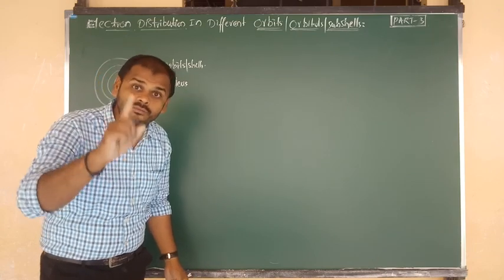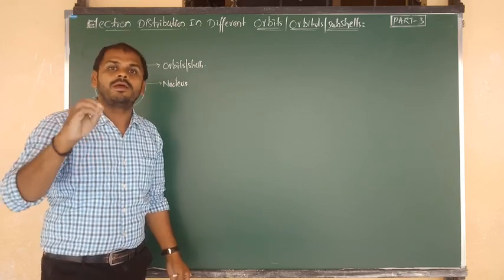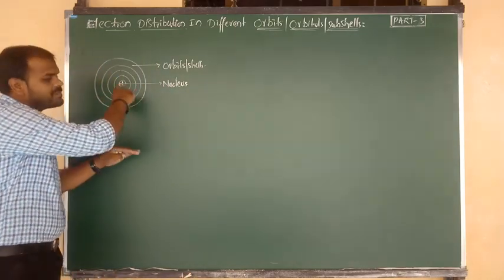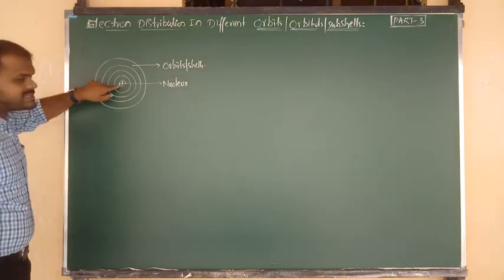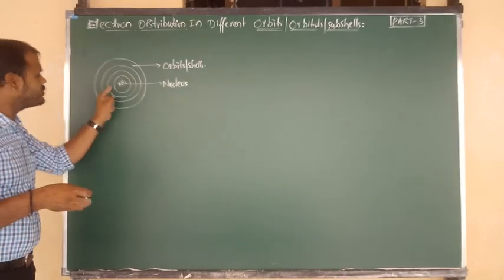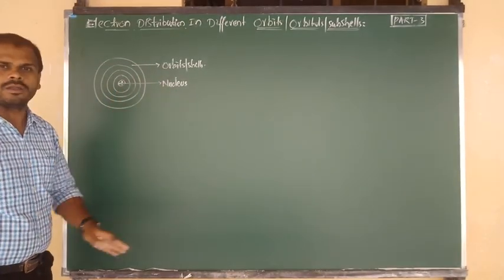But as per Rutherford, mainly, and as per Bohr's atomic model, in that spherical atom, at the center region, there is a small dense positive area. This small dense positive portion is called the nucleus.